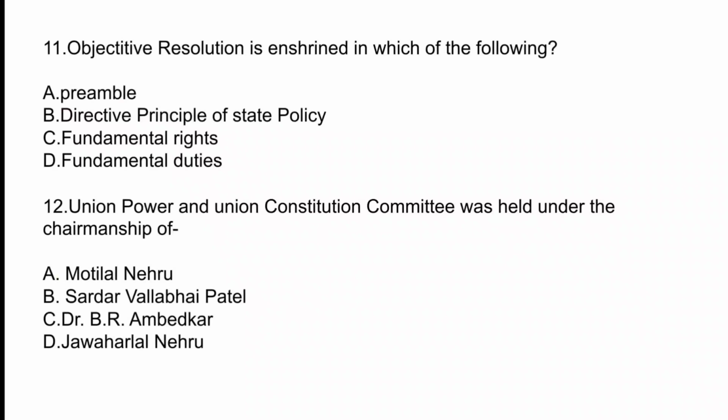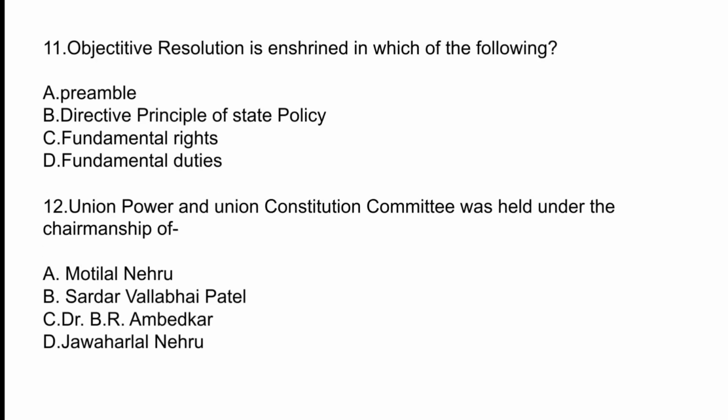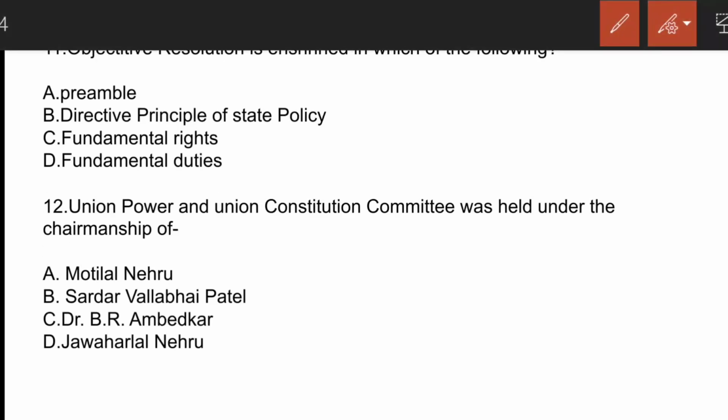Objective resolution is enshrined in which of the following? The correct answer here is option A, that is preamble. The next question is, Union Power and Union Constitution Committee was held under the chairmanship of?